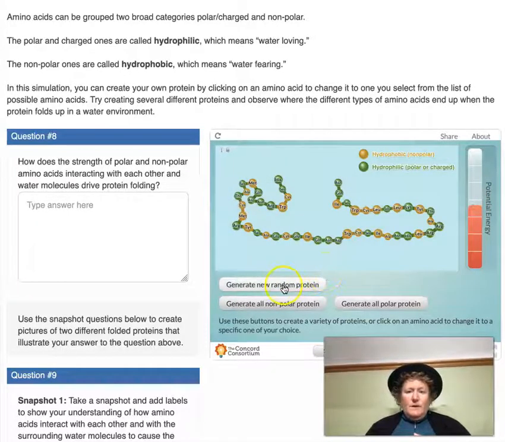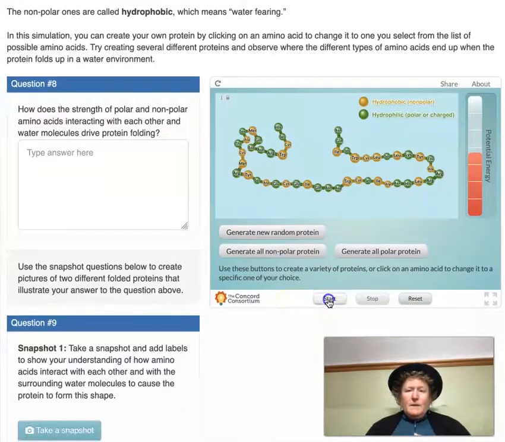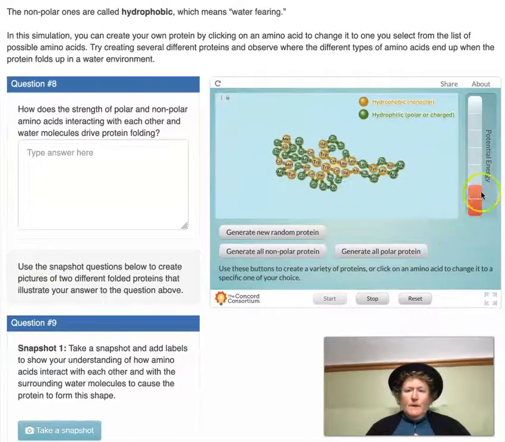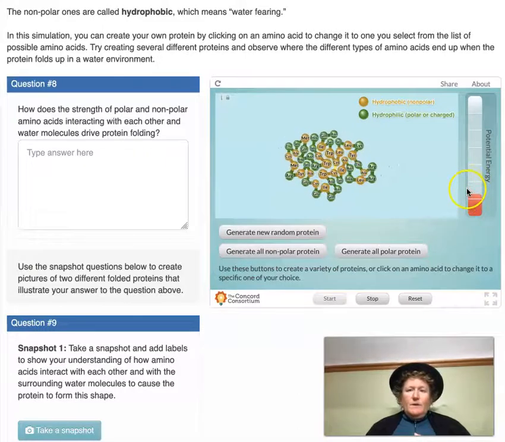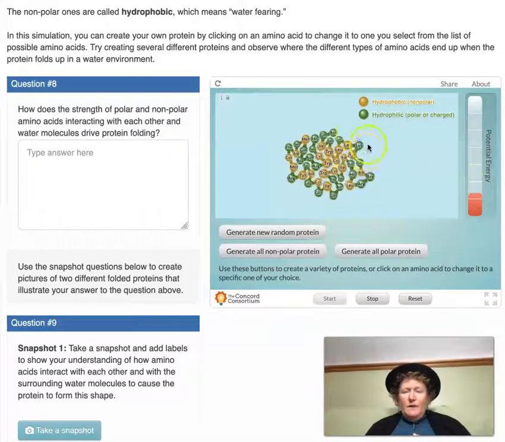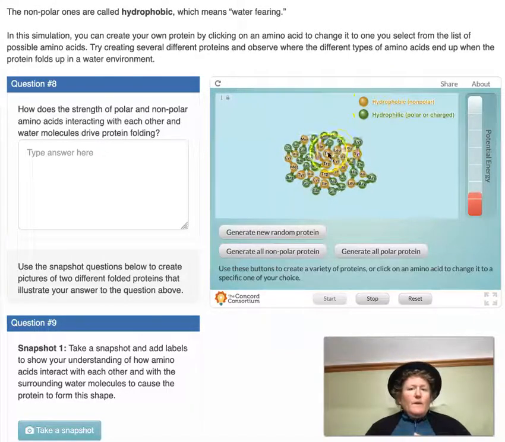So let's just start out. We've got a new random protein, and let's click start and see what happens. Look at what's going on with the potential energy, and notice patterns with the hydrophilic, water-loving polar amino acids here, and the hydrophobic yellow, nonpolar amino acids that are in the middle.